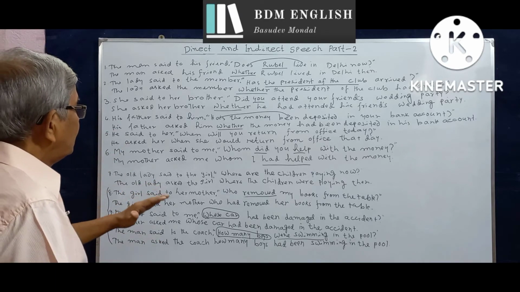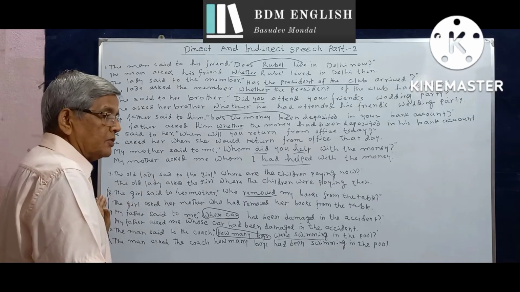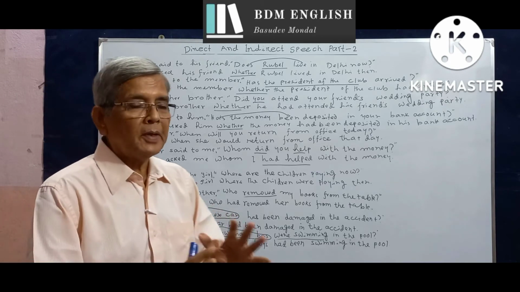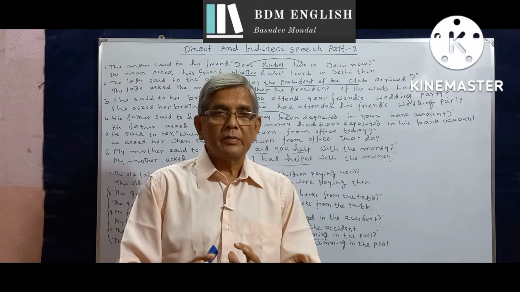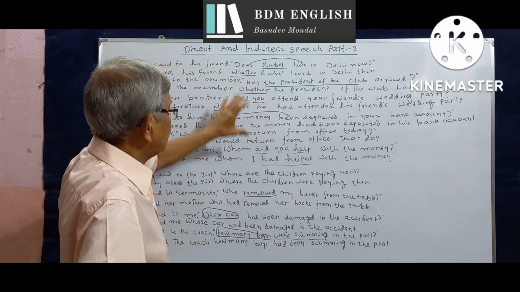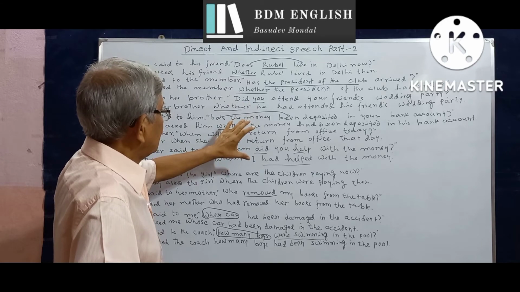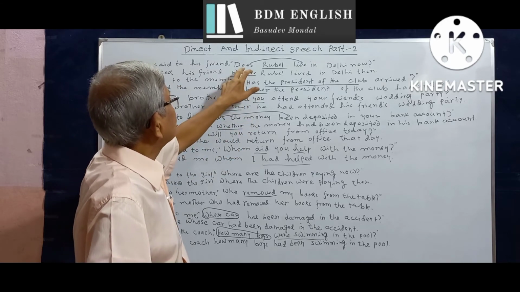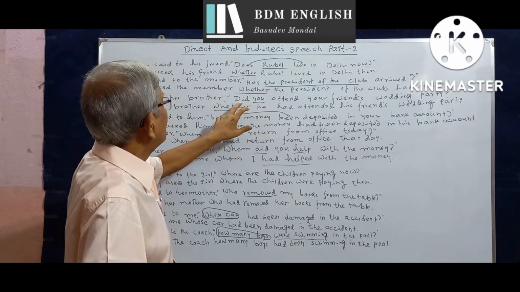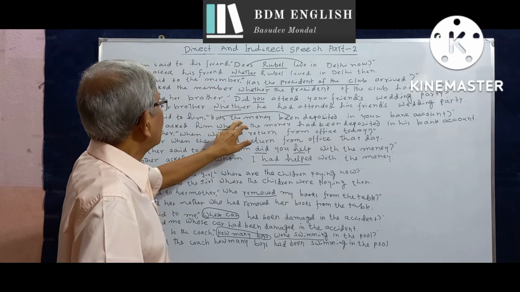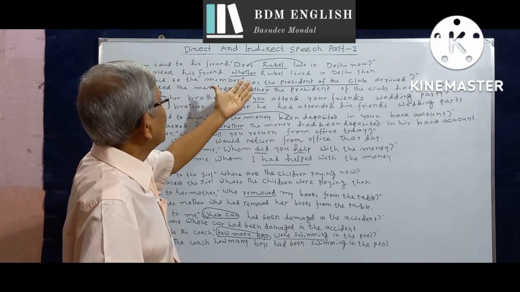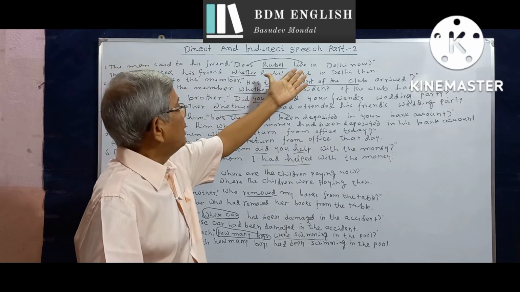Now we have these 3 sentences where the structural pattern is different. In these sentences, these are the common interrogative sentences, where we get the subject after one helping verb. If there is no other helping verb, we place the main verb.